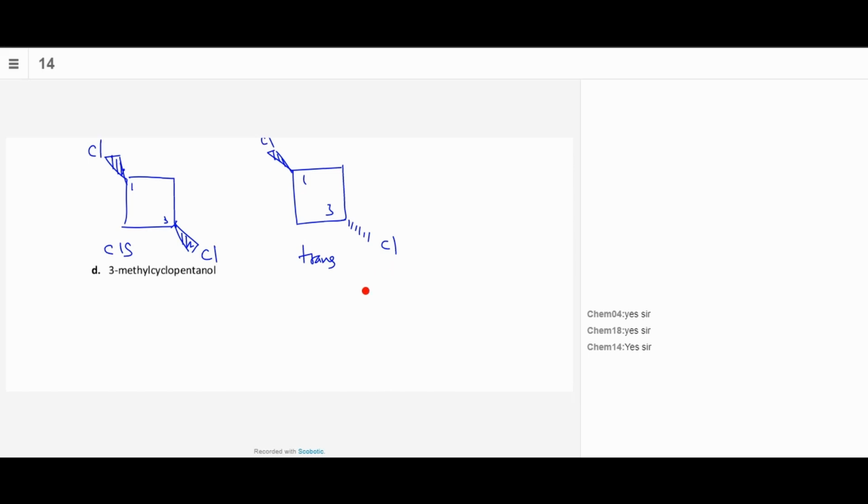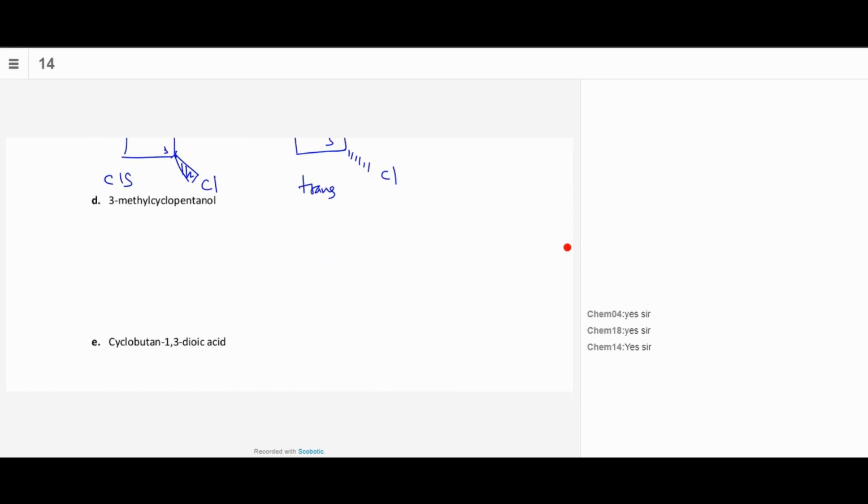3-methylcyclopentanol. Cyclopentanol, so the OH group, and the third carbon has a methyl group.